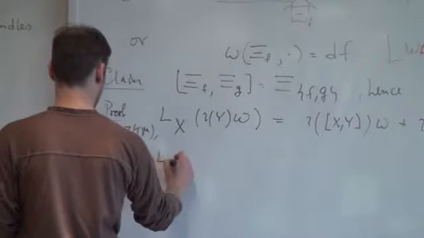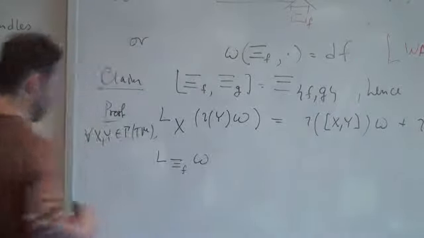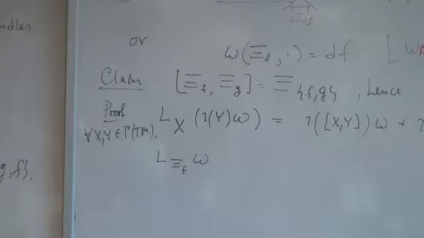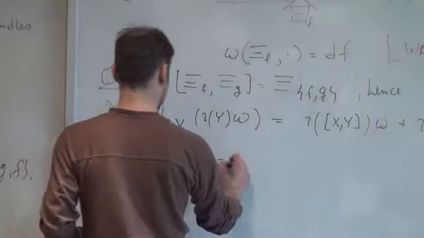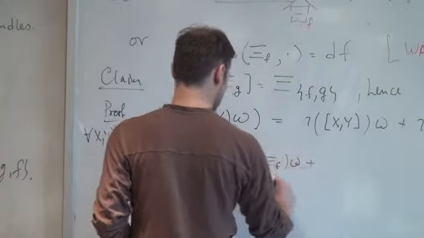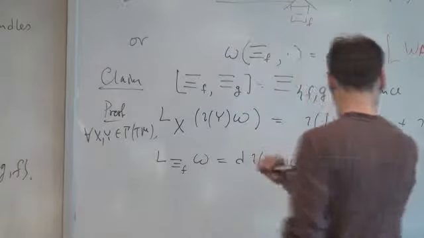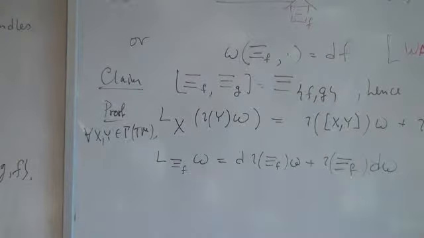Now, if I compute the Lie derivative of the symplectic form with respect to a Hamiltonian vector field, let's see what happens. By Cartan's formula, it's the contraction plus, right? I'm using Cartan's formula for the Lie derivative.